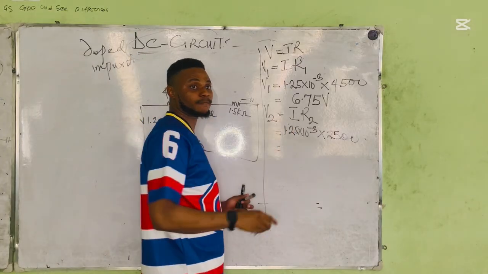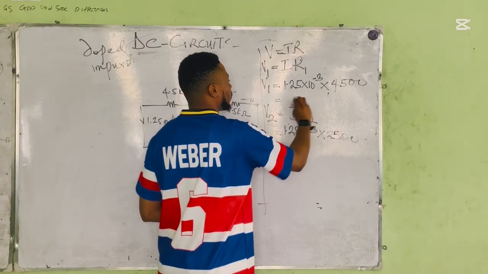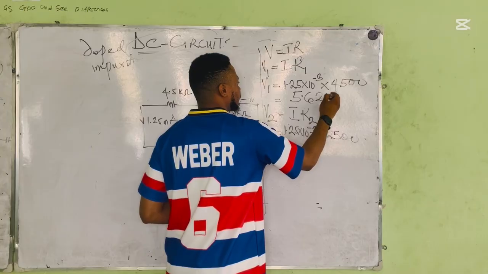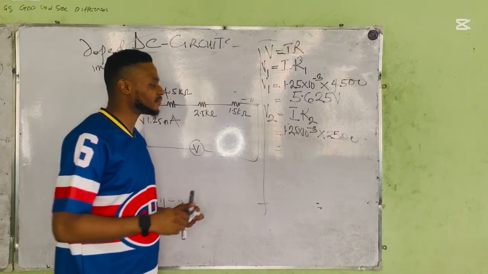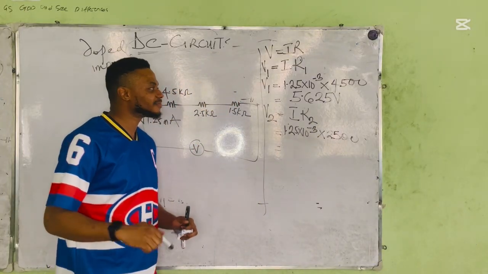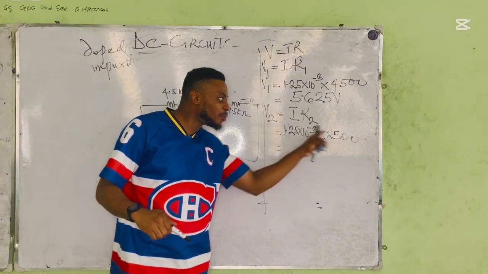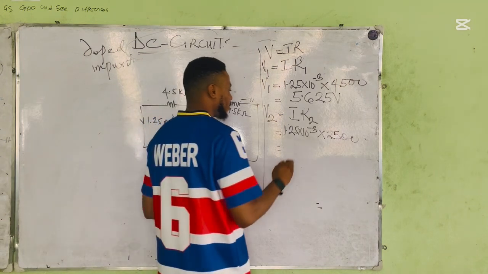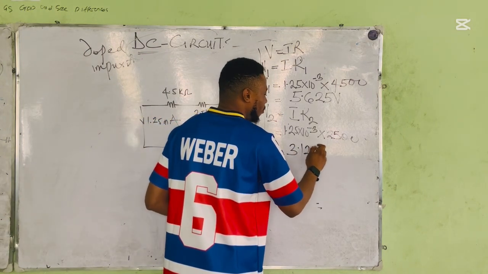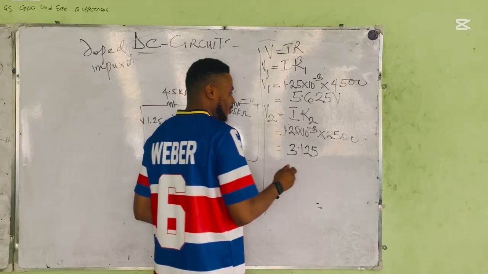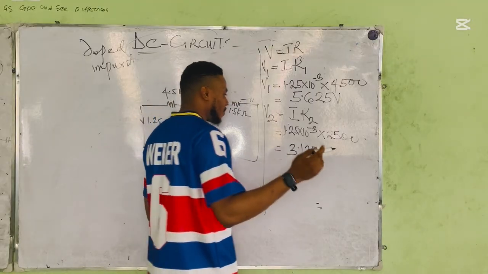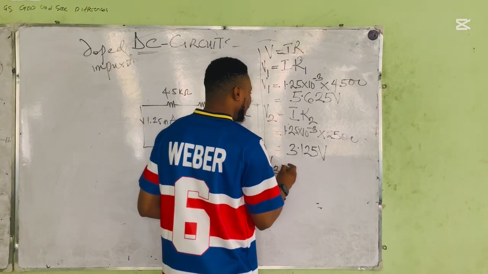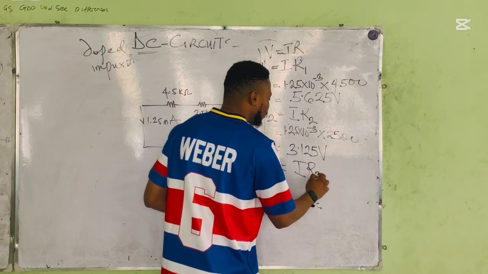Alright, please let's make that correction: 1.25 times 2.5 is 3.125. I'm not having a calculator with me here, so you are my calculator. 3.125 volts.